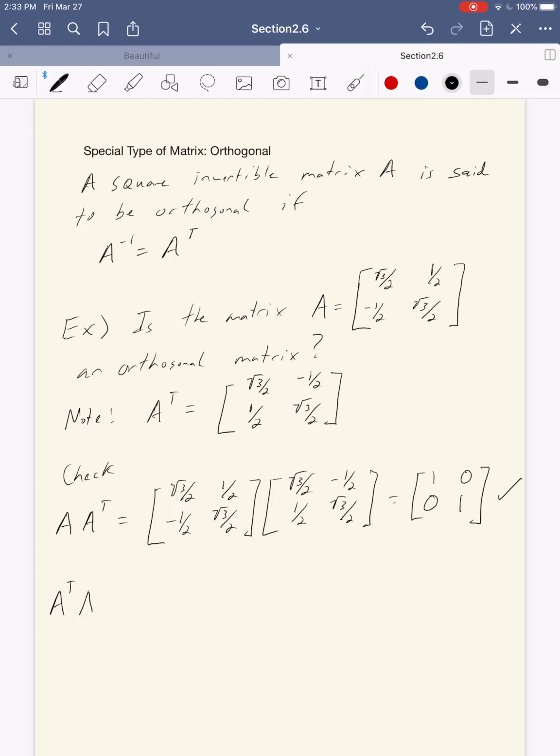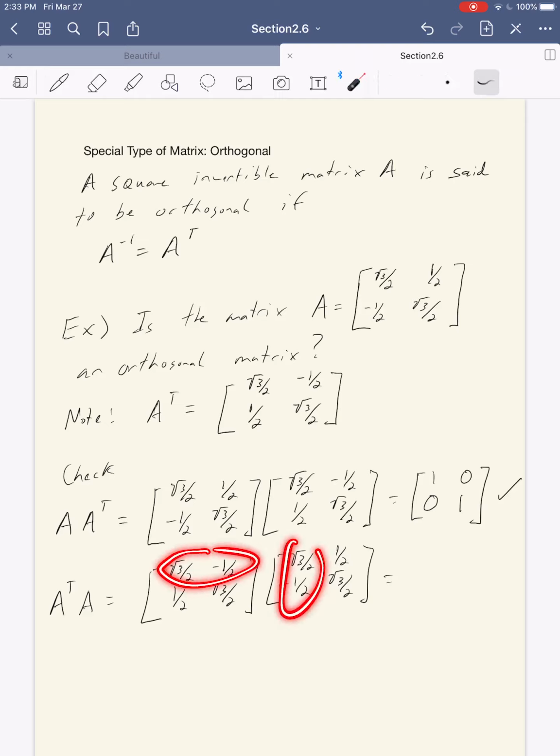A transpose A is, well, let's go ahead and see. So A transpose was root 3 over 2, 1/2, negative 1/2, root 3 over 2, and then A is root 3 over 2, negative 1/2, 1/2, root 3 over 2. So we take this row times this column.